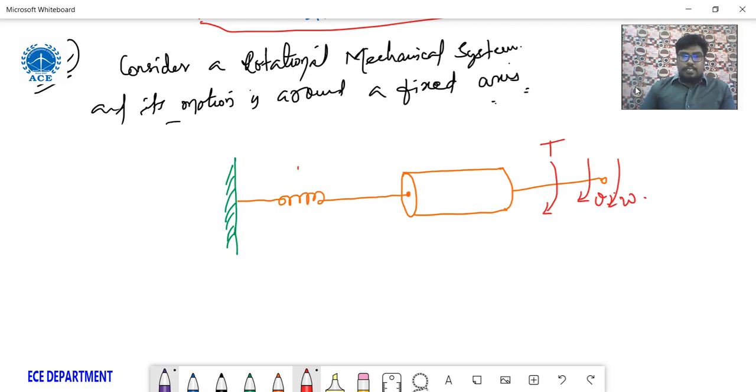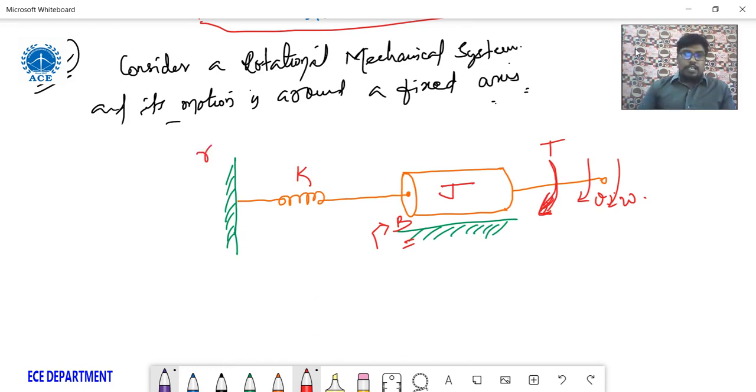This is K, and here we have a ground. Here we have a dashpot, and this is an inertia element. Now torque is applied like this. Okay, so this is the given rotational mechanical system.